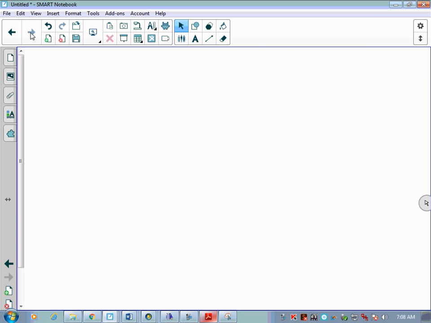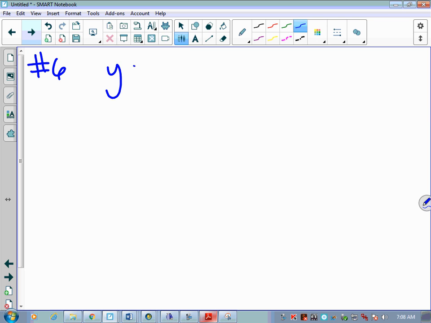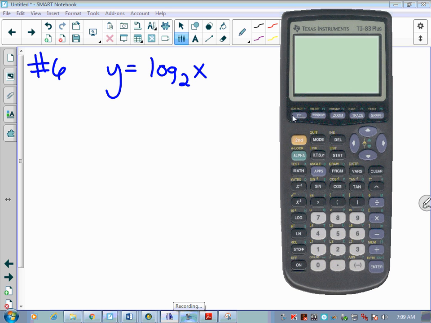All right, number 6. Sketch the graph of y equals log base 2 of x. Let's take a look at that from here. Clear some of this work out.